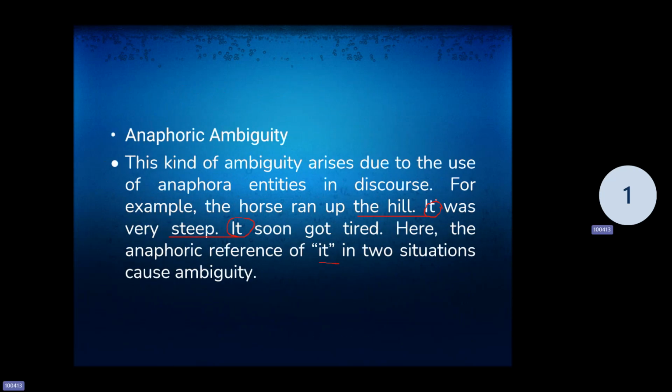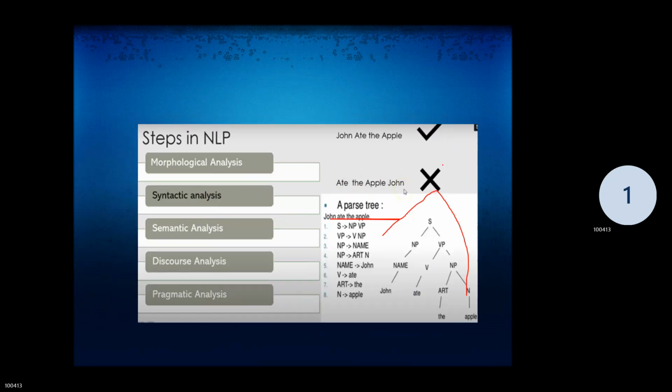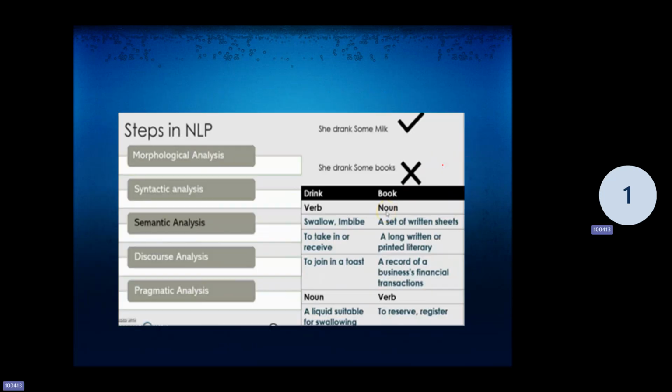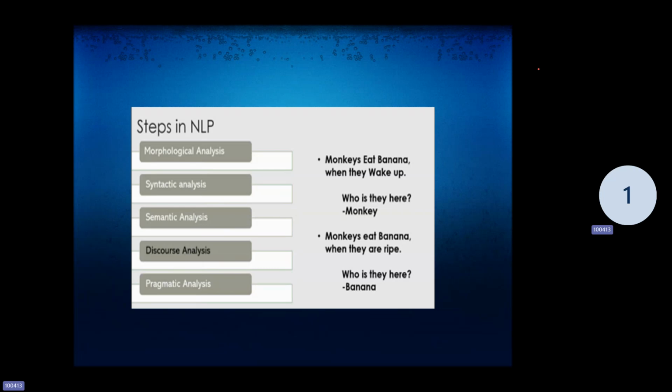We are not finding the meaning of it there, but this will be resolved in the case of discourse analysis. So "monkey eat banana when they wake up": who is they? They is monkey. "Monkey eat banana when they are ripe": who is they here? Banana.